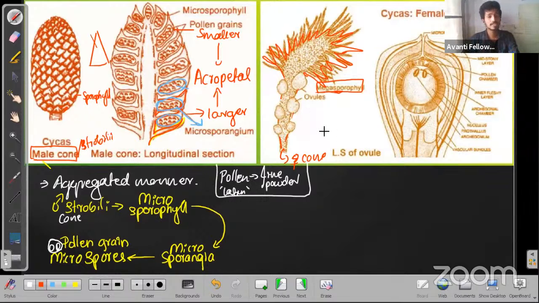So what happened in the evolution or in the starting phase? All these megasporophylls were functional, and all of them had sporangia. But what happened in the evolution? Think about humans. One female is pregnant and has a single child in her belly.